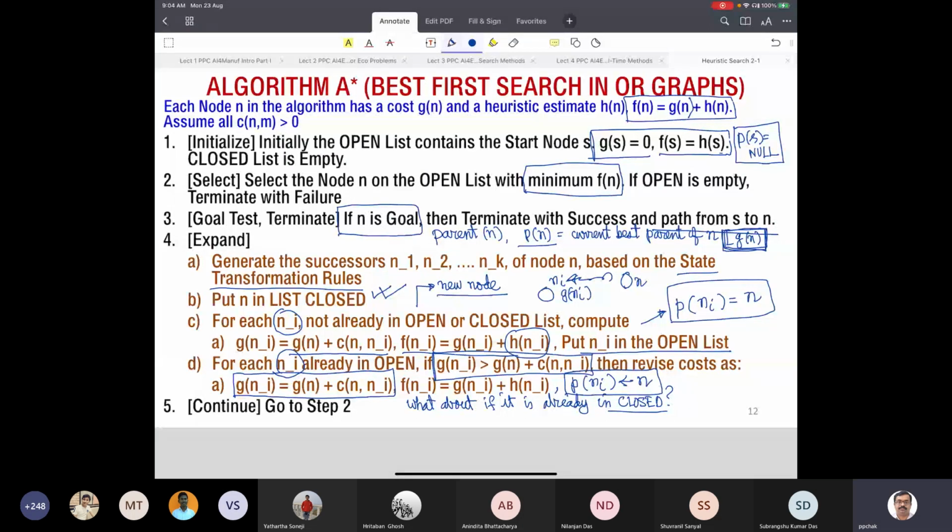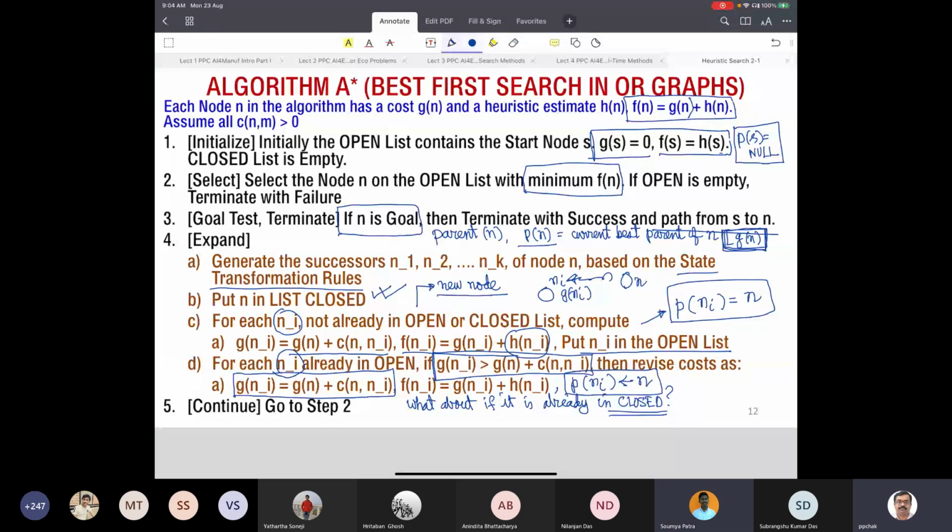So these are the 5 steps. Is it clear to everybody what these 5 steps are? Anybody has a doubt? Can you repeat the last step? The question is whether it is already in closed or not. Yes, sir.